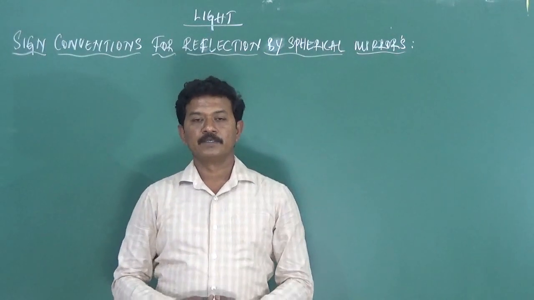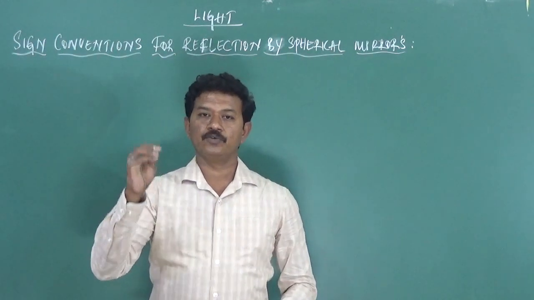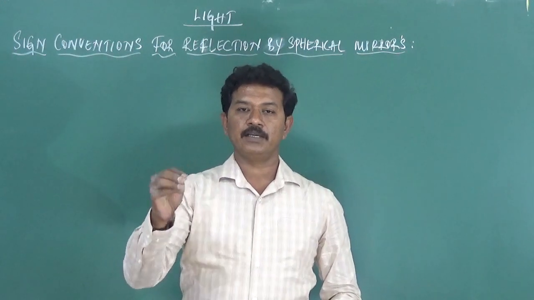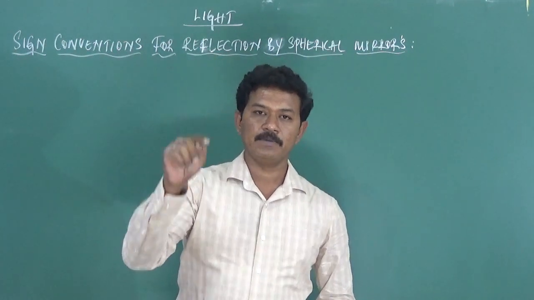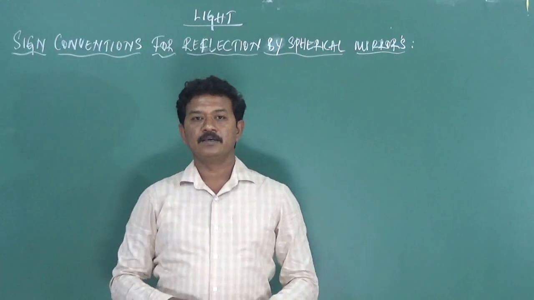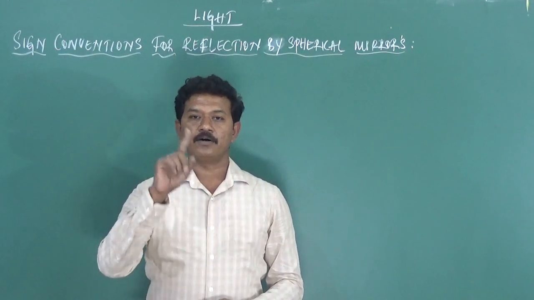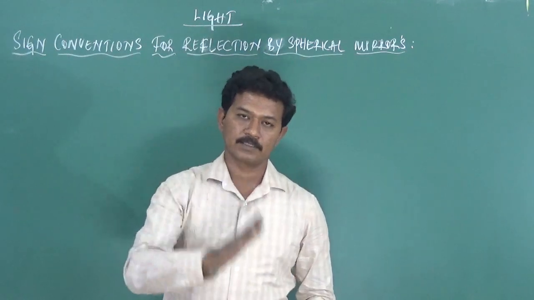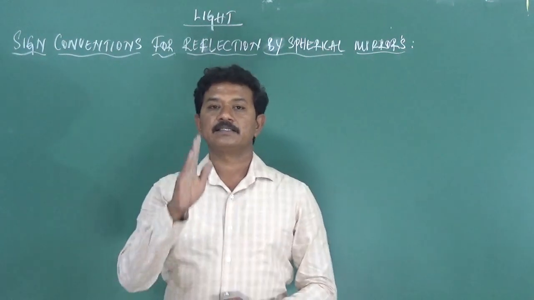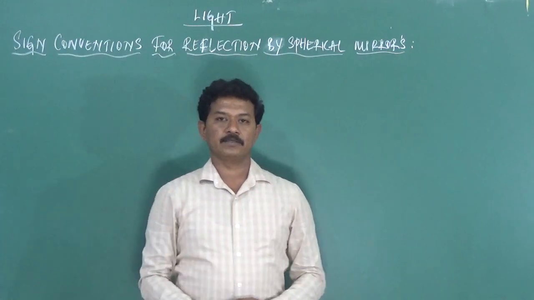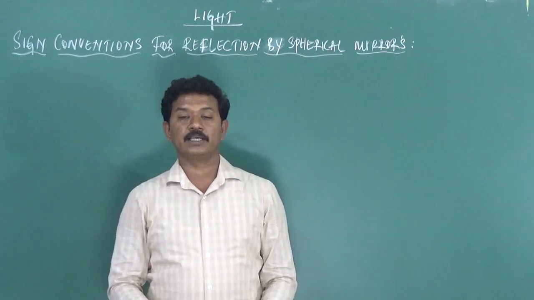You know that. If you want to locate the position and size of the image formed by the mirror, you should be well aware of these sign conventions of reflection by spherical mirrors. This is very important. Where it is required, I will tell you once again.